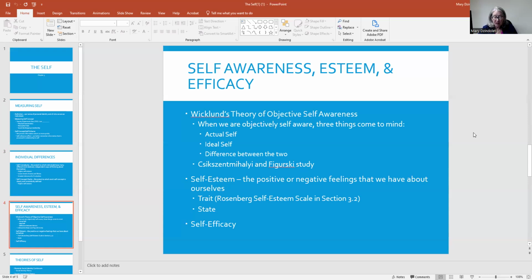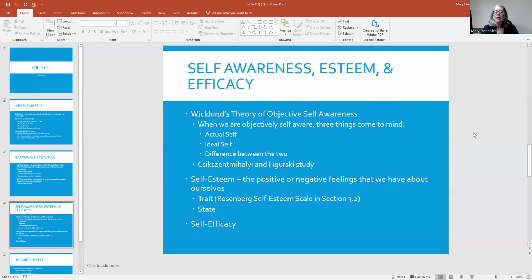Okay, now I want to talk about self-awareness. Self-awareness is different than self-clarity. Although you might call it its sister, self-awareness is how aware you are of who it is that you are. If you have a really clear self-concept, then probably you are self-aware also, but you could see situations where they're not related.